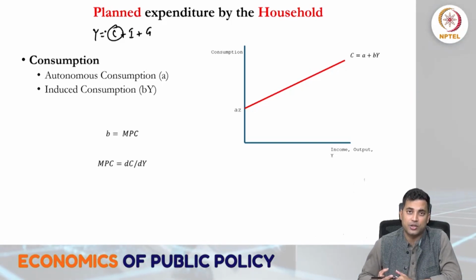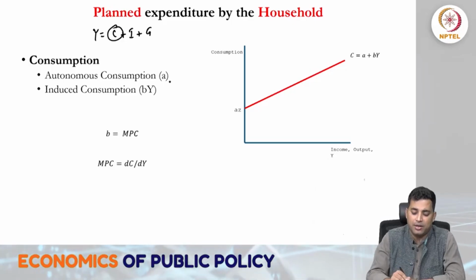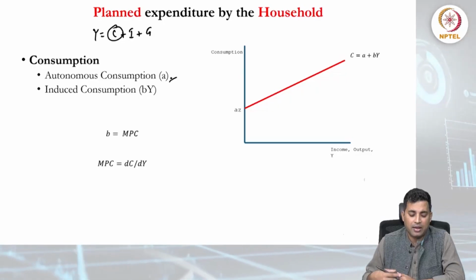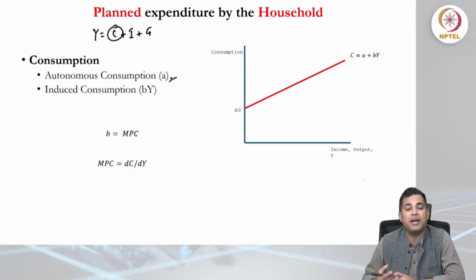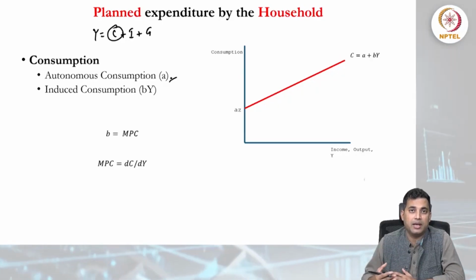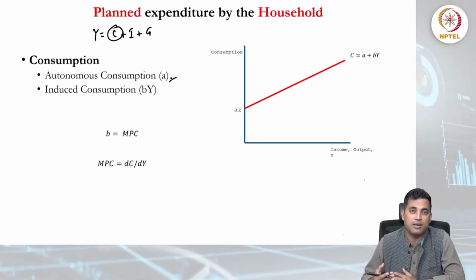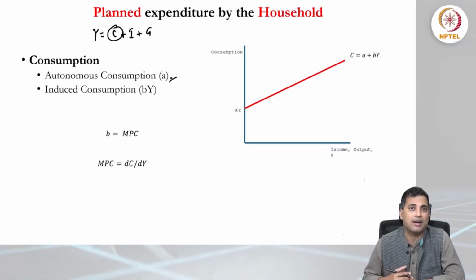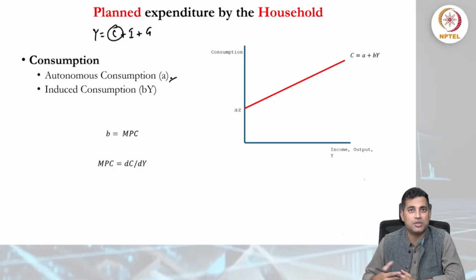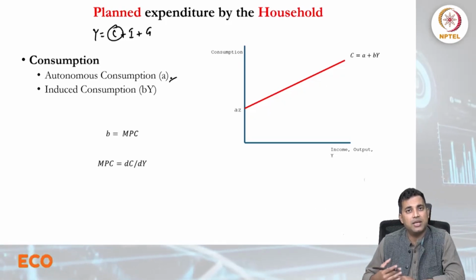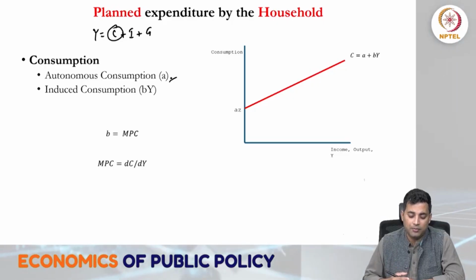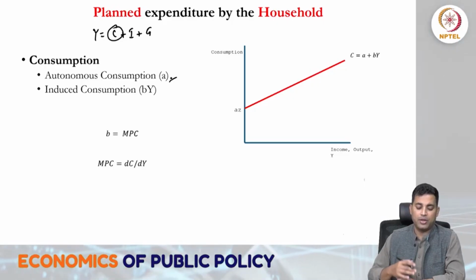One is autonomous consumption, represented by small a, and the other is induced consumption, which depends on the total expenditures. Autonomous consumption is independent, for example precautionary, when some sudden accident or natural hazard happens. Induced consumption is the consumption that depends on the overall output, Y.